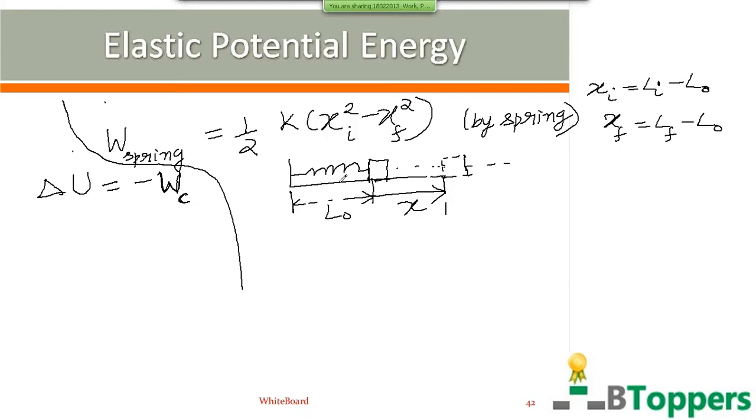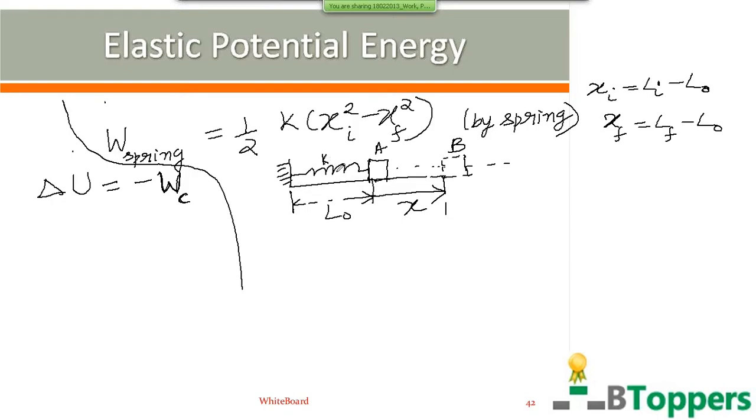Let us suppose the mass is resting on a smooth horizontal floor. The mass passes from position A to position B, where A is the initial position of the mass where the spring has its natural length. The left end of the spring is connected to a rigid support. The right end of the spring is connected to the mass M which is resting on a smooth floor.